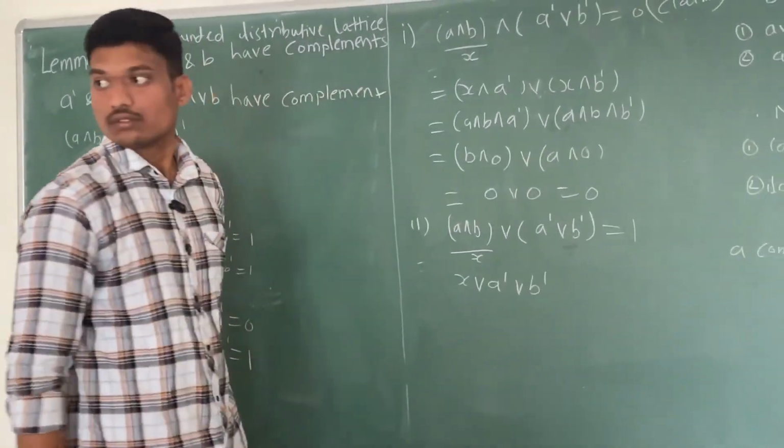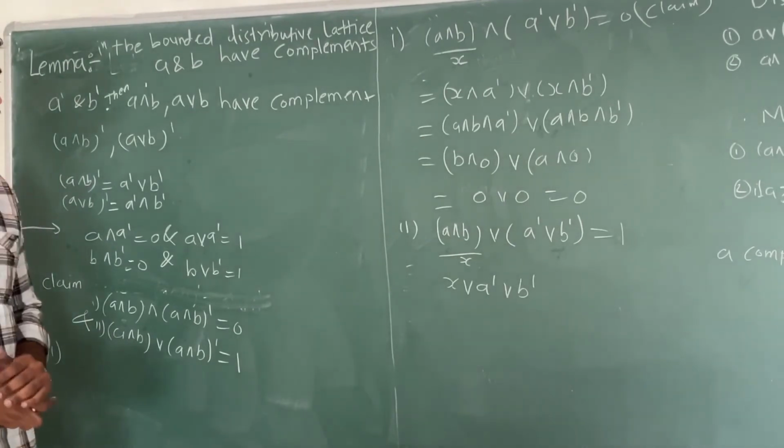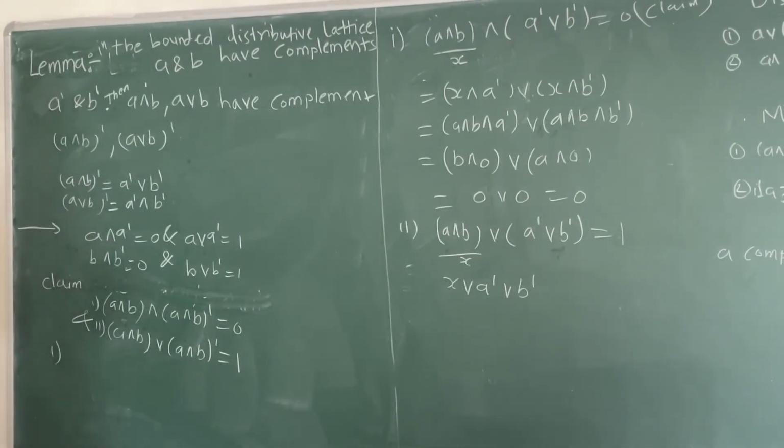Nobody has noticed that there we are not supposed to apply distributive. That means you are not actually following. It is actually a join of 3 elements, not actually distributive.